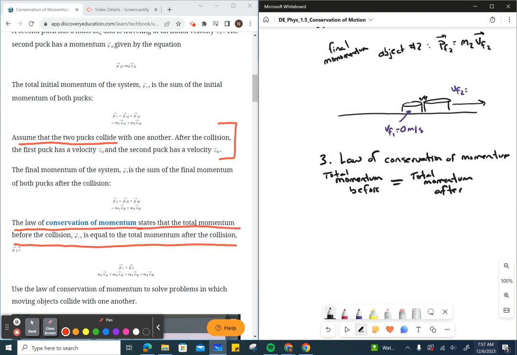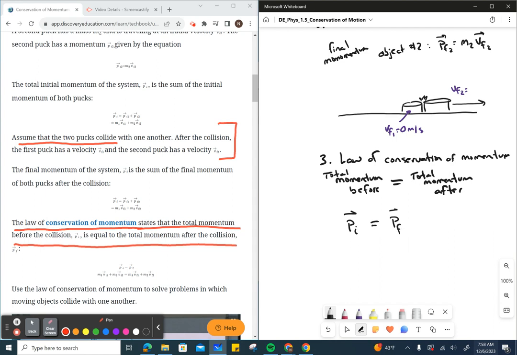And so we could say that simply as the momentum initial of the system is going to be equal to the momentum of the system after the collision.